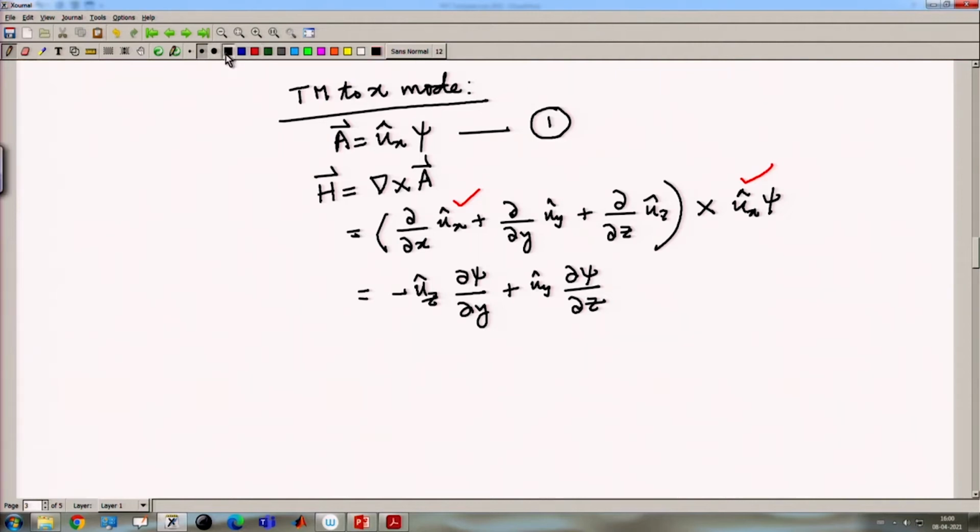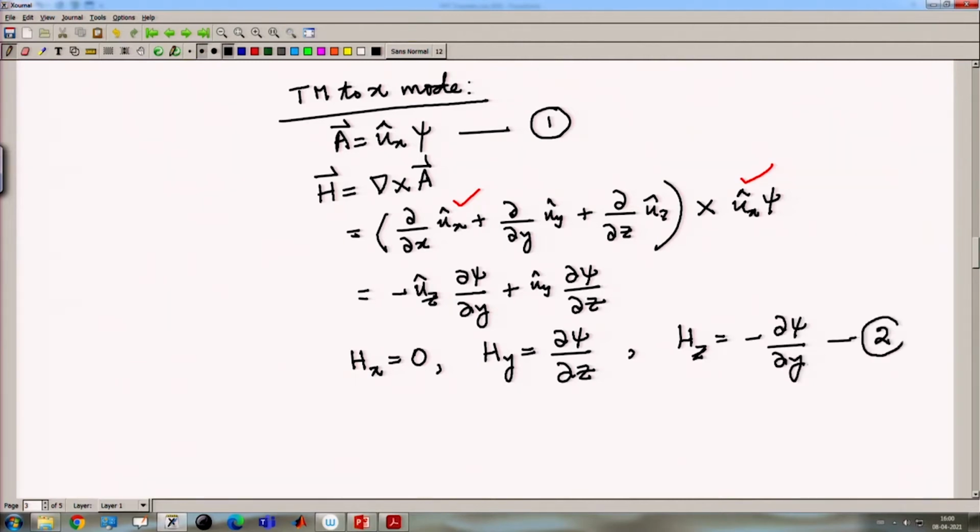So, therefore, we find H x to be 0, H y to be del psi del z, and H z to be minus del psi del y. We call this equation 2.